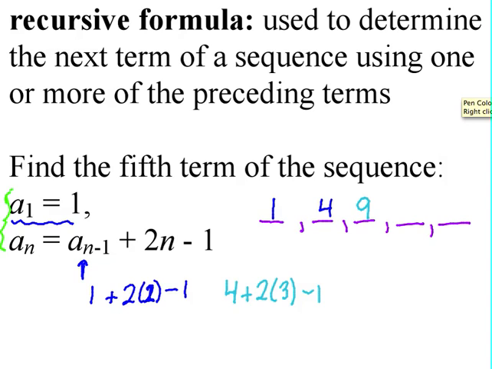So what's the third term? 9, and I'm going to add 2 times 4 minus 1. So what's that going to be? 16. Now to find the fifth term, I'm going to take what term? The fourth term, 16. I'm going to add 2 times 5 minus 1. And what do I get?